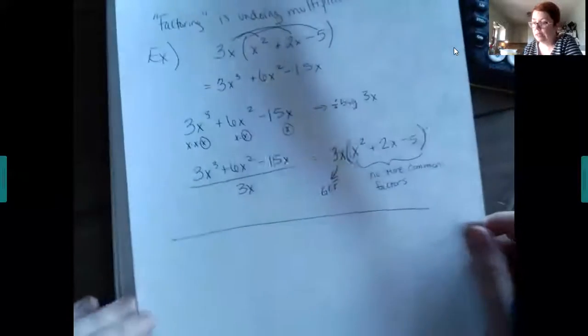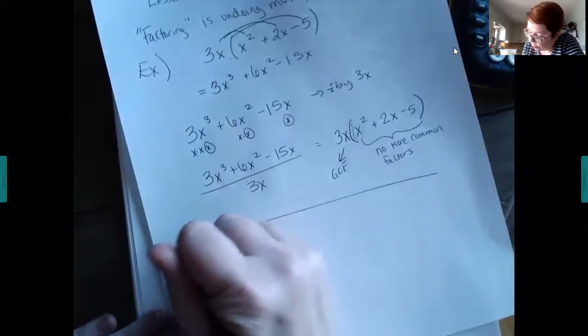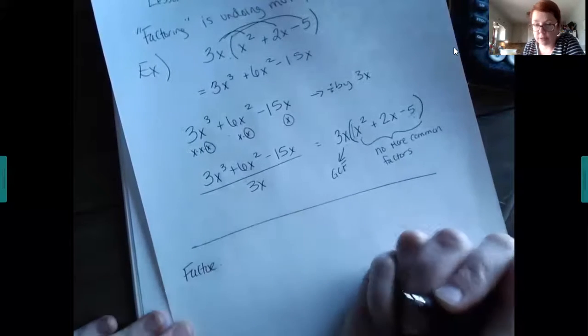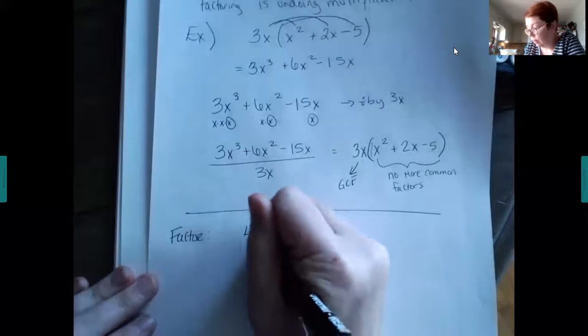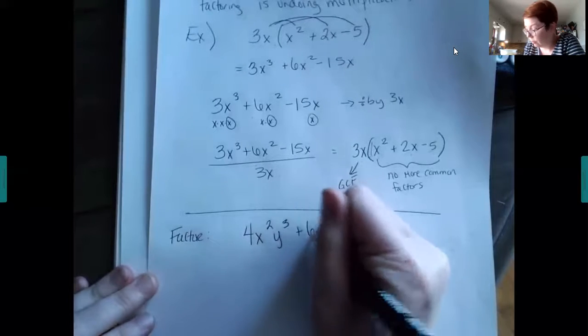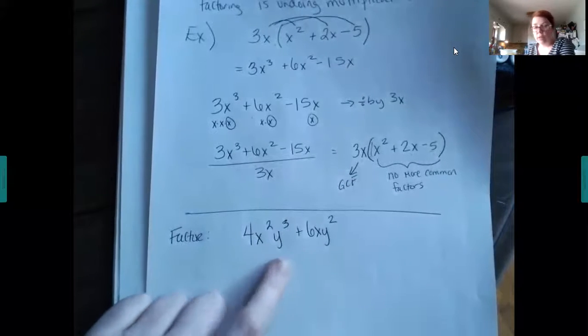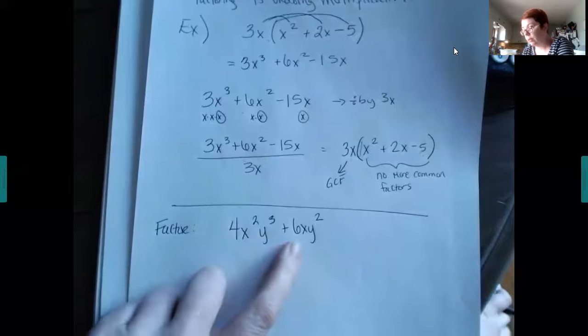All right, so let's do it. And you're just going to get something that might just say factor, right? Won't be a whole lot of directions. Okay. So if we have this, we look at our big numbers first and say, well, we have a 4 and a 6, right?